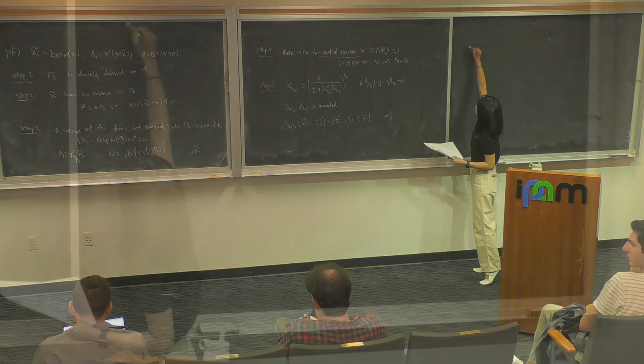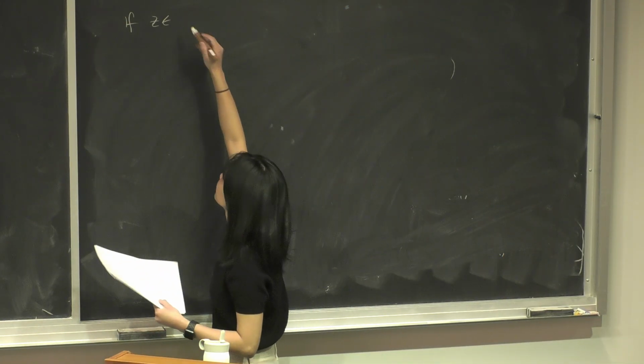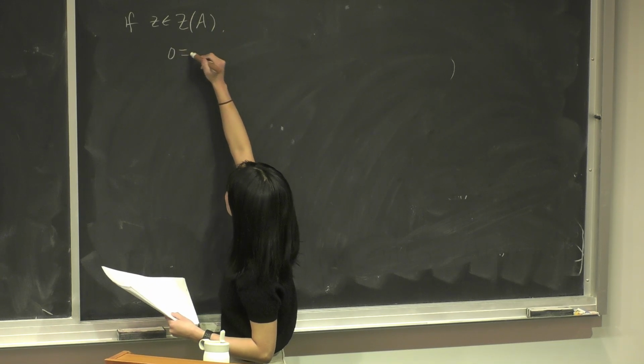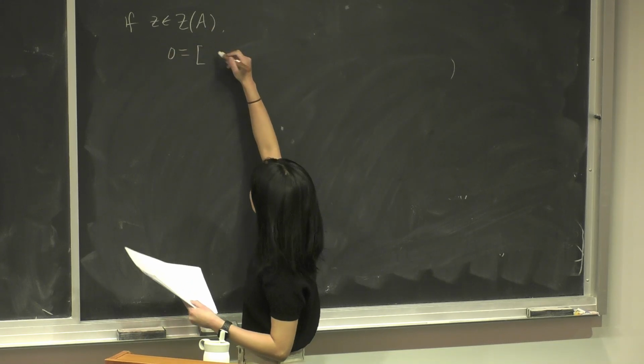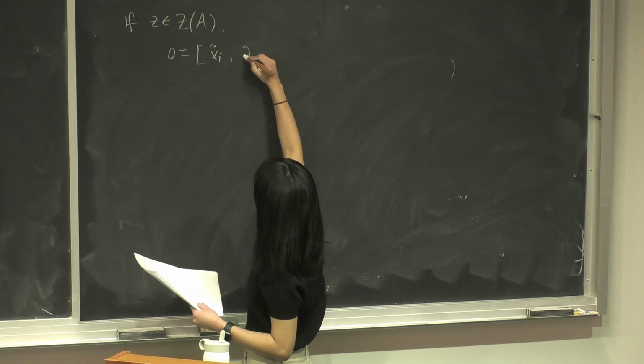So if Z is the center of A, it satisfies, that means it commutes with everything in A, that satisfies these equalities.